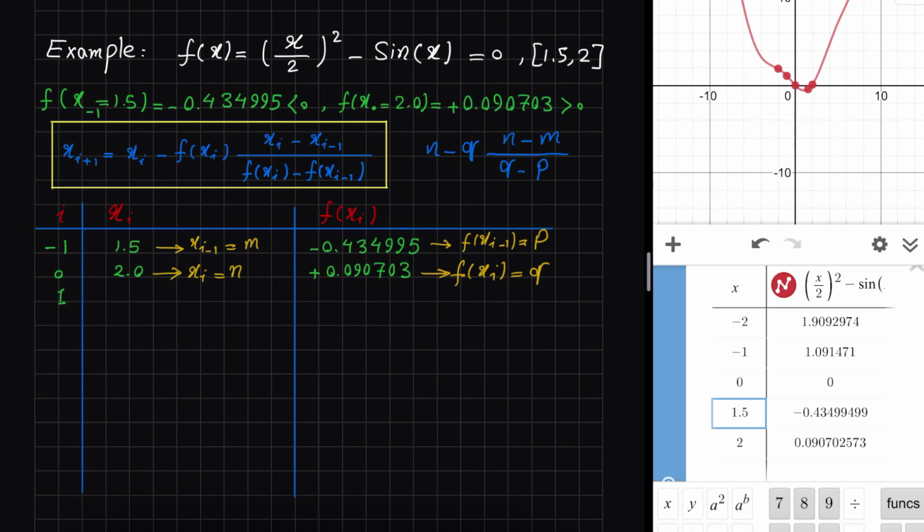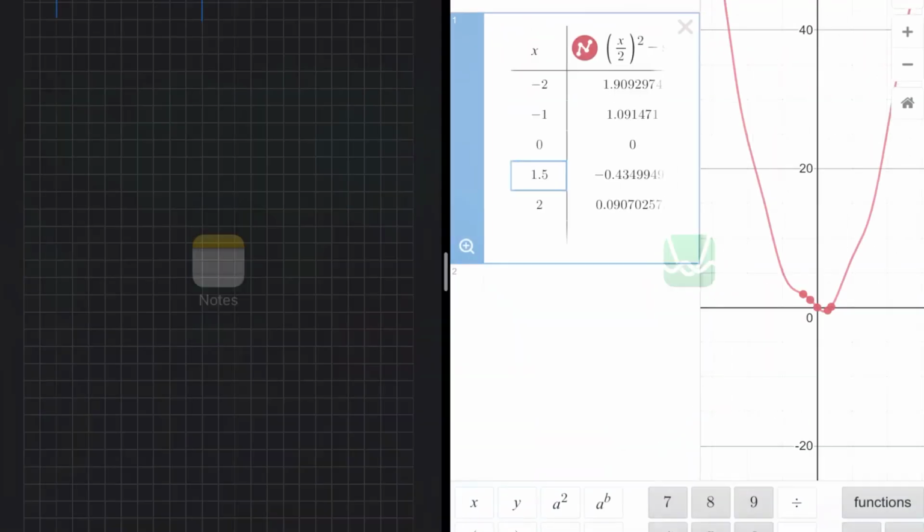So this gives us the new value of xi plus 1. So I'm going to use this equation, which is similar to the left one, in the Desmos calculator.